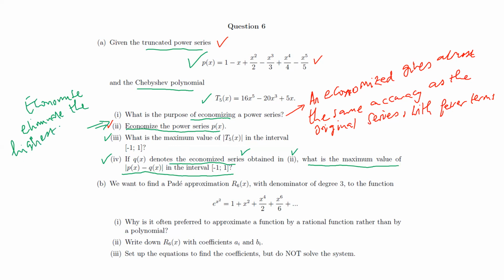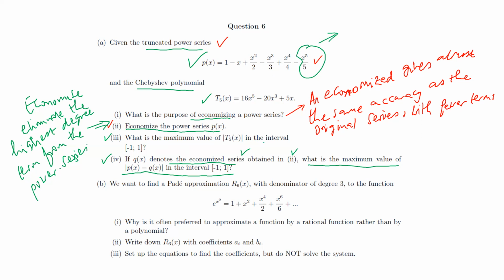So we remove the highest degree term from the power series. If we economize the power series given, we eliminate this one. We take it away.